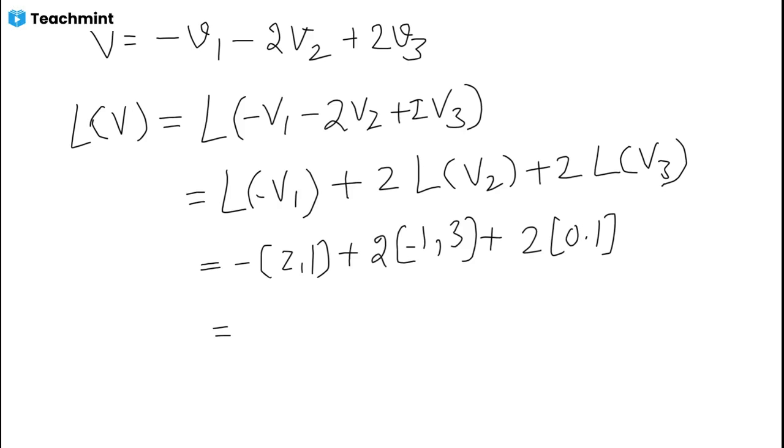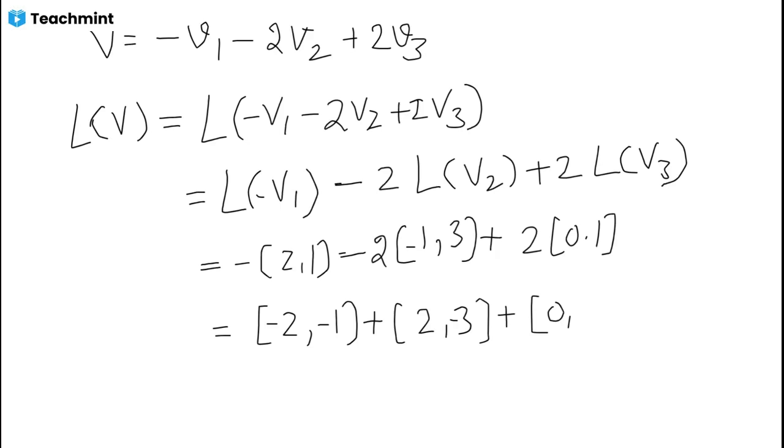Minus 2 and minus 1 times plus 2, so we have minus 2 here. Not plus, minus 2. Then plus 2 and minus 6 for the second component, and 0 and 2.